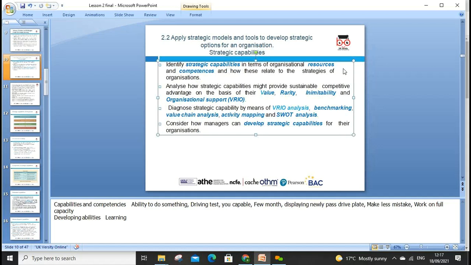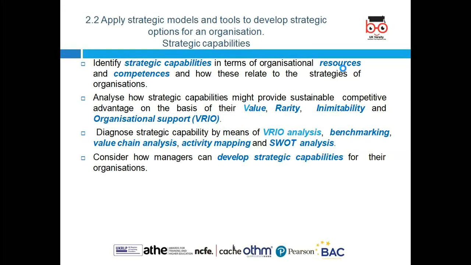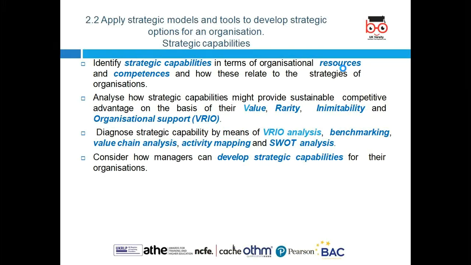Capabilities mean the ability to do something. The ability to do something is crucial: what capabilities do we have as an organization? In terms of the organization's resources and competencies, how effectively we deploy those resources to get the maximum and achieve our objectives will decide strategic capability.